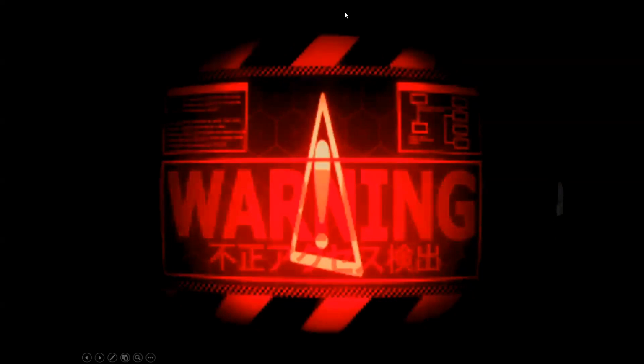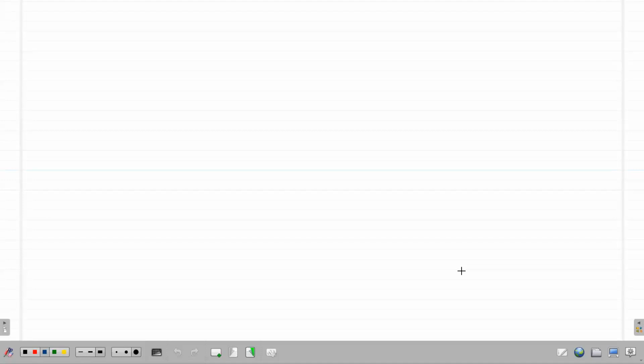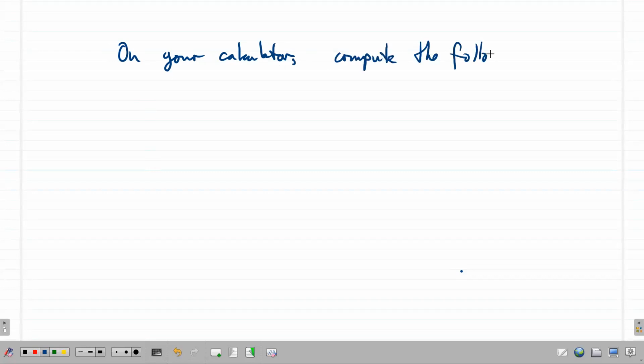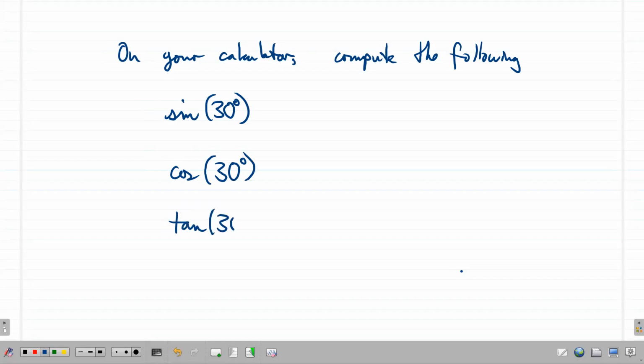Let's try and do the following calculation on our calculators. On your calculator, compute the following. Let's work out sine 30 degrees, cos of 30 degrees, and tan of 30 degrees.